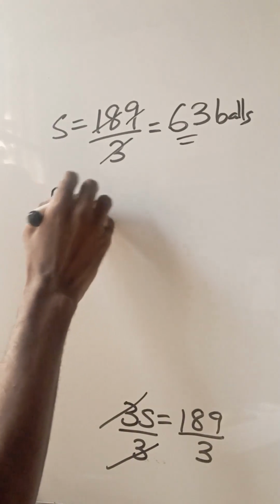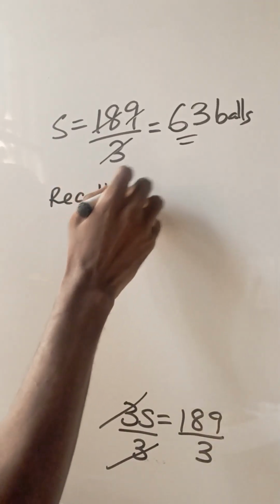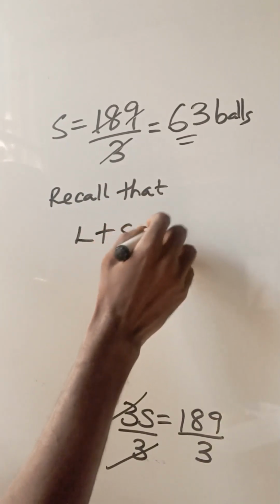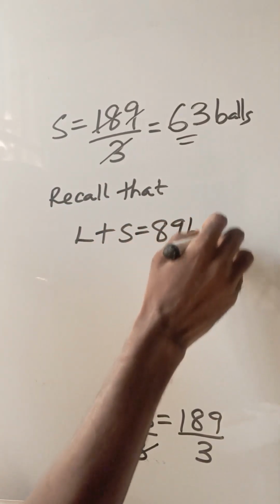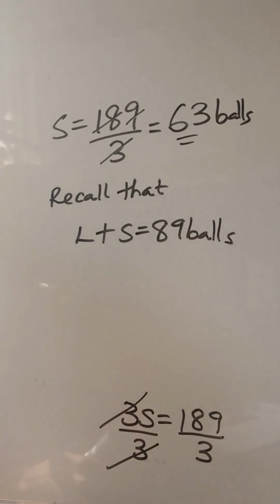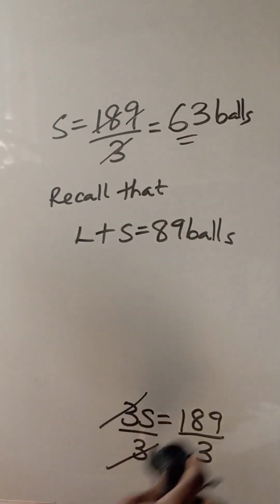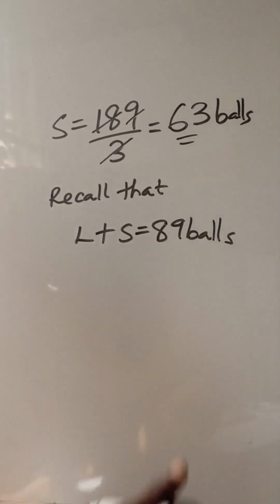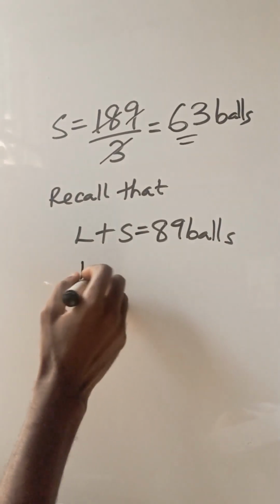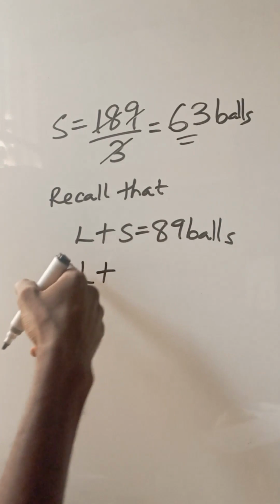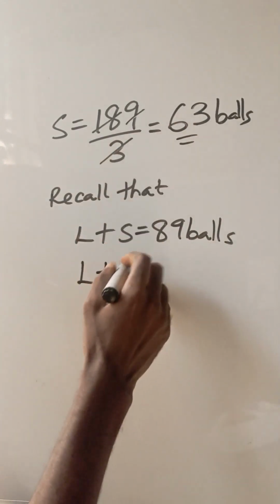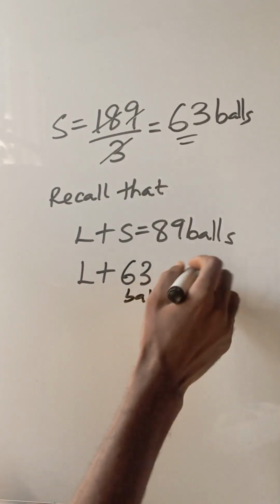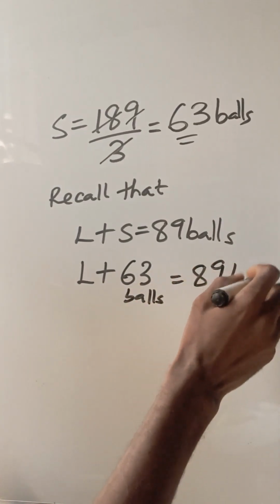But we have to recall that L plus S gave us 89 balls. So already we've been able to know the number of small balls in the bag. So we can substitute it. Now I want to know the large balls. So L plus 63 balls equals 89 balls.